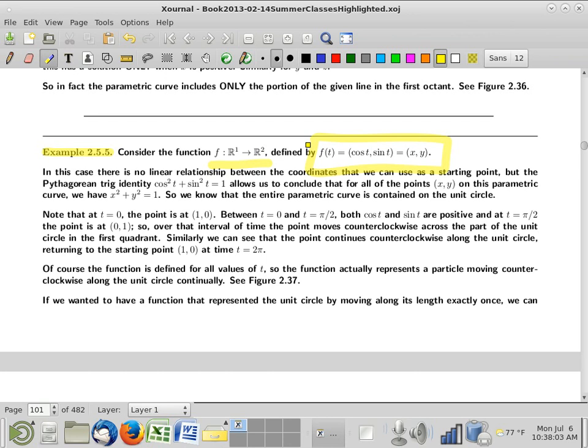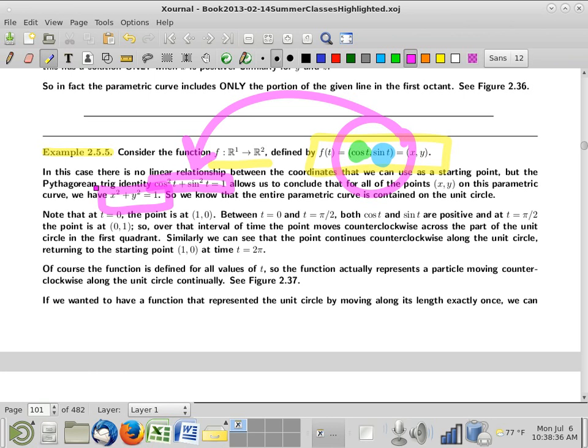Here, instead of taking the x and trying to manipulate it around to get the y, an easier thing to do is use your memory of trig identities to note that this x and this y have an existing relation between them. Namely, there is this Pythagorean relation between cosine and sine, and therefore x squared plus y squared is equal to 1.